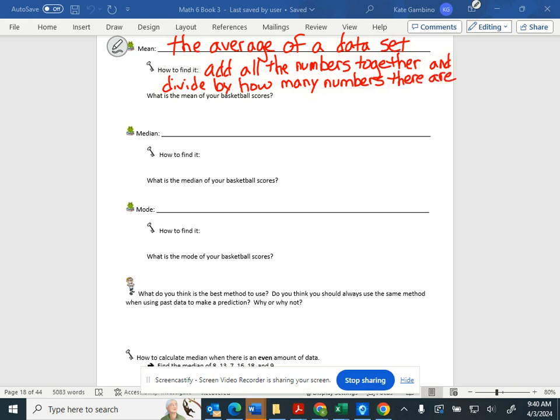So we add them all up, and if we had 9 games, we divide it by 9, because there are 9 sets of data. What is the mean of your basketball scores?